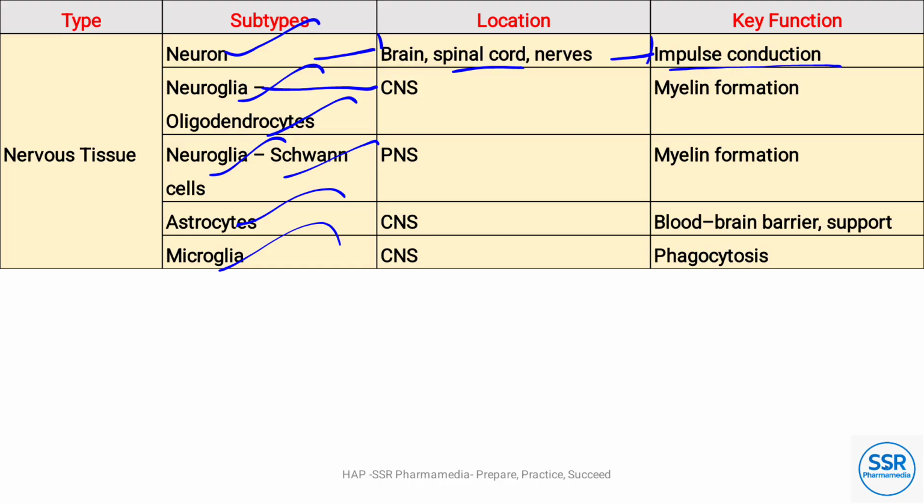Oligodendrocytes are present in the CNS, and their main function is myelin formation. Schwann cells are present in the PNS, and their main function is myelin formation. Astrocytes are present in the CNS, and their main function is blood-brain barrier support. Microglia are present in the CNS, and their main function is phagocytosis.